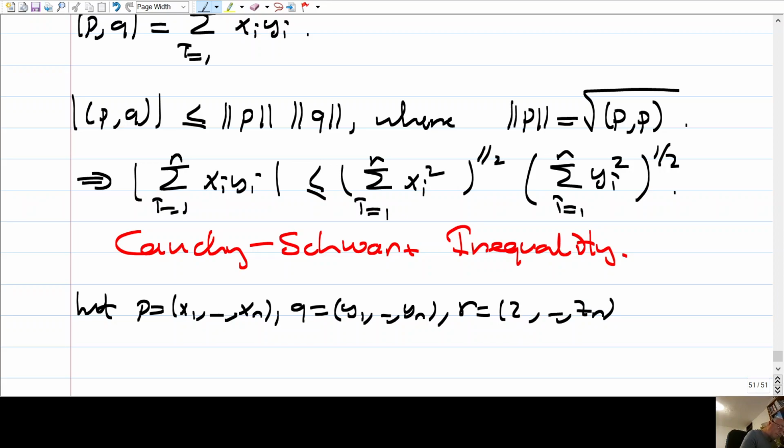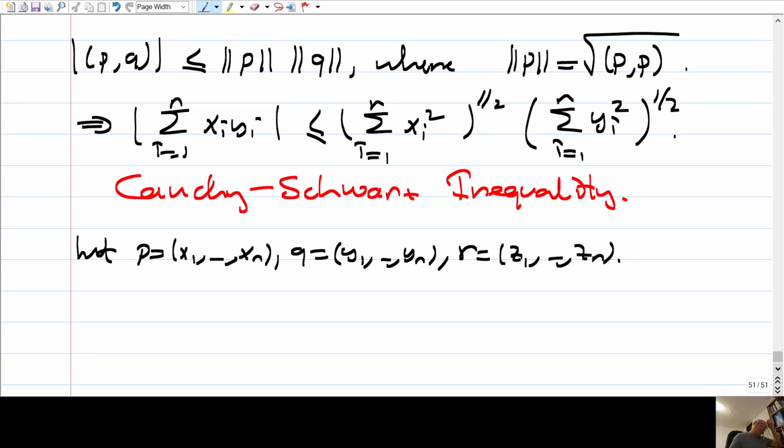Okay. So we have to prove that the distance from P to Q is at most the sum of the other two. Okay, so the distance from P to R, let's say. So what is this?